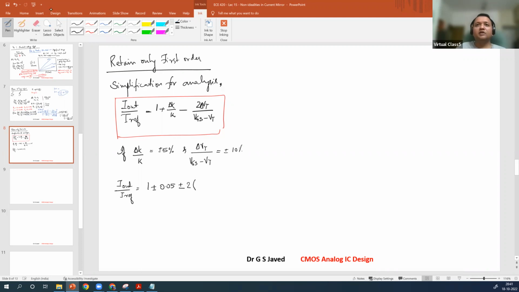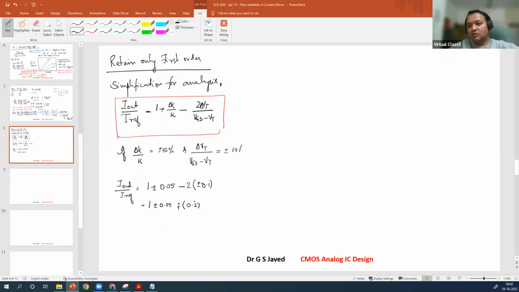So you will put minus 2 outside, inside will be plus minus 0.1. Now this is effectively written as 1 plus minus 0.05, minus into plus minus, minus into minus plus. So this will be plus minus 0.2.